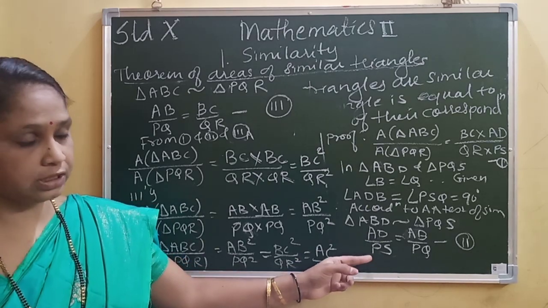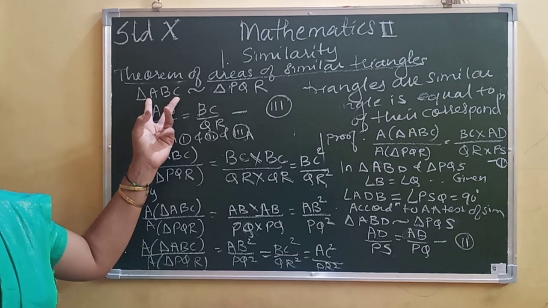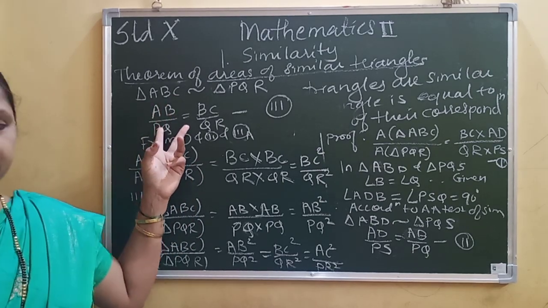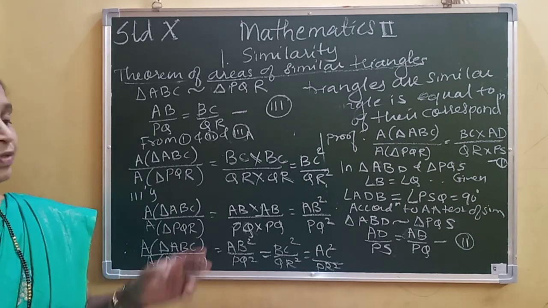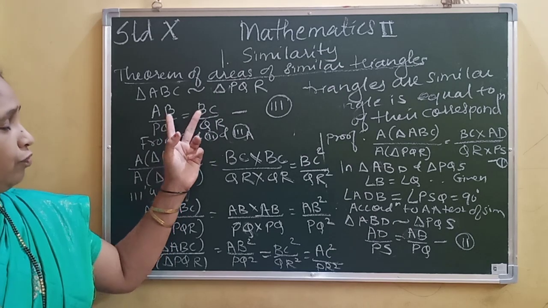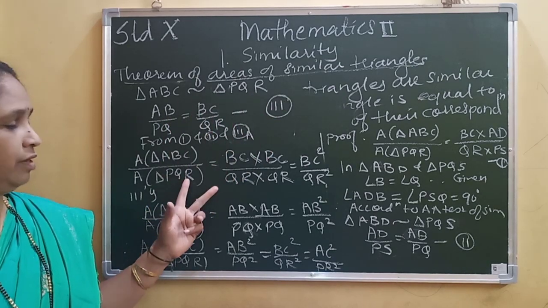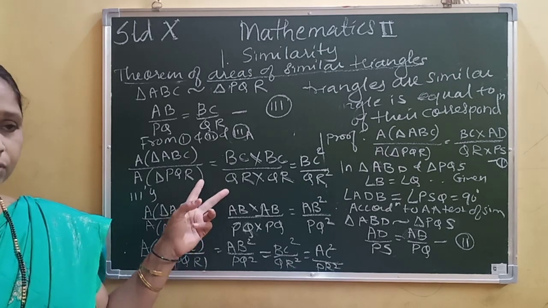We have got this statement, and same way we will get original triangle ABC similar to triangle PQR. So its corresponding sides' ratio we will take. So from all three statements we will get the proof of the theorem.